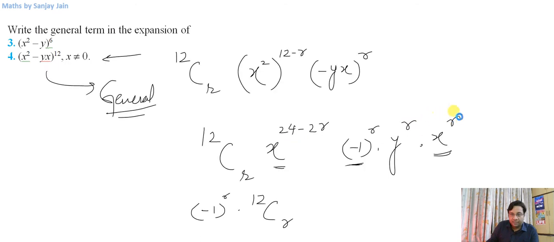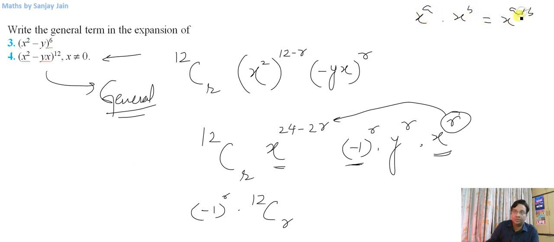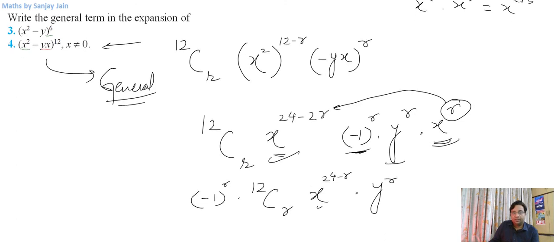See, this r will get added here, right? Because this is x raised to power a into x raised to power b, so it will be x raised to power a plus b. So x will be raised to 24 minus r here and into y raised to power r. I hope everything is being written. This has been taken care of. Minus 1 raised to power r is written. So yes, this will be the general term.